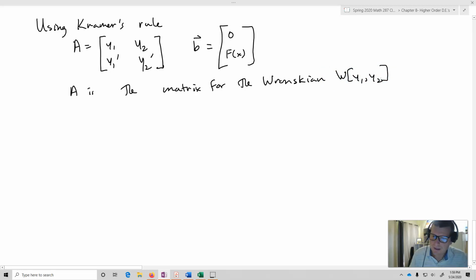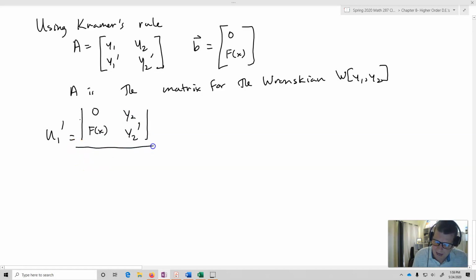According to Cramer's rule, our first u1 prime is going to equal the determinant of the matrix where we replace the first column with 0, f of x, and then y2 prime remains the second column, so that stays the same. Then we divide by the determinant of A, which is the Wronskian for y1, y2.